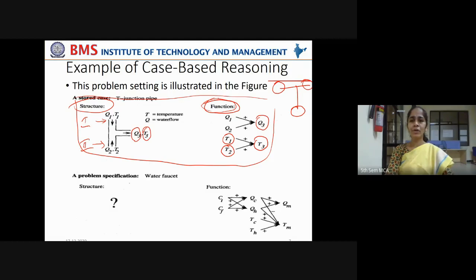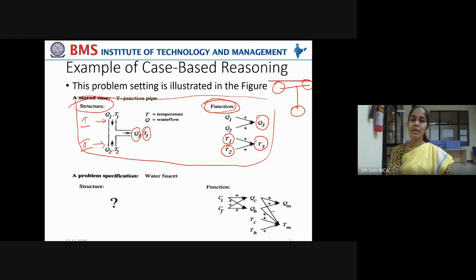Just if the water flow is Q1 and Q2 from both inlet pipes, the output flow should be Q3. Means you regularize, because Q1 has a certain flow and Q2 has a certain water flow. Q3 should not have double the water flow, right? That has to be regularized and given as a simple water flow. That is Q3.